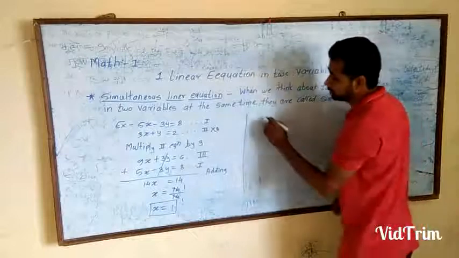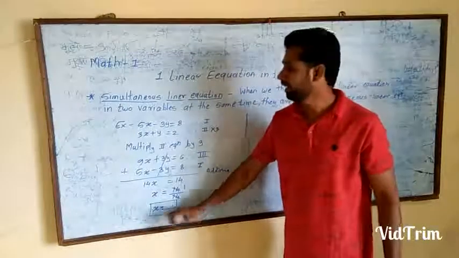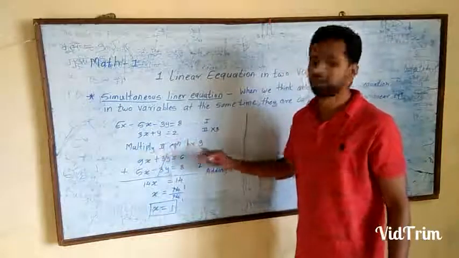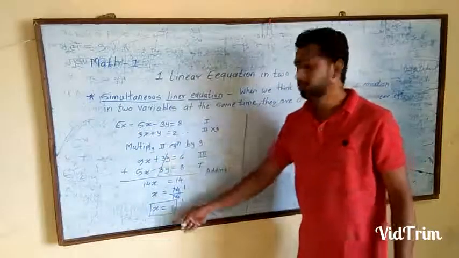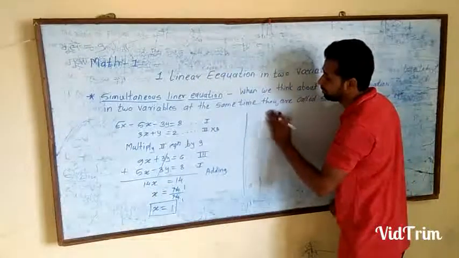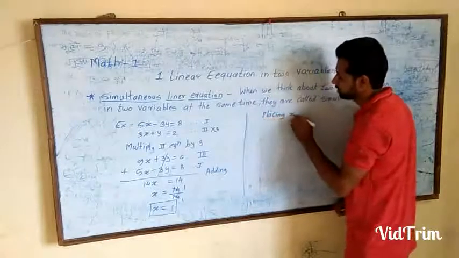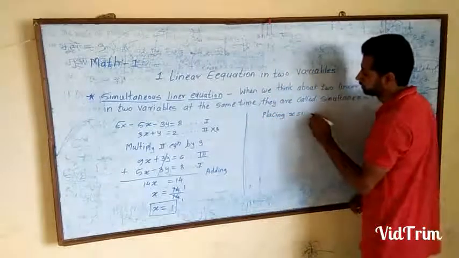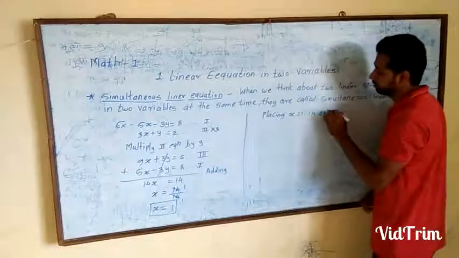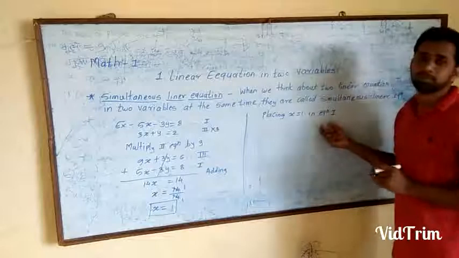Then we can put this value in any equation, first, second, or third, and we get the value of y. So placing x is equal to 1 in equation first.